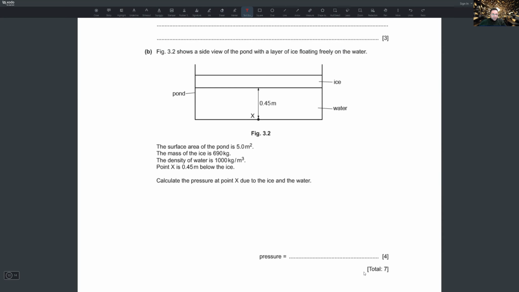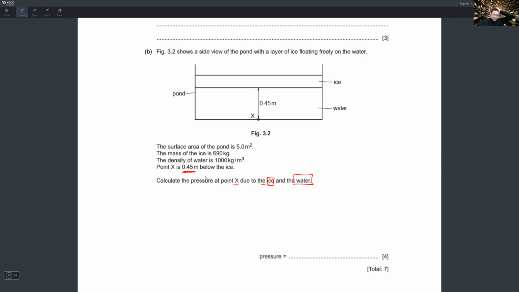The density of the water is 1000 kilograms per meter cube. Somebody changed the captions to Deutsch, I don't know why. Point X is 0.45 meters below the ice. Calculate the pressure at point X due to the ice and the water.